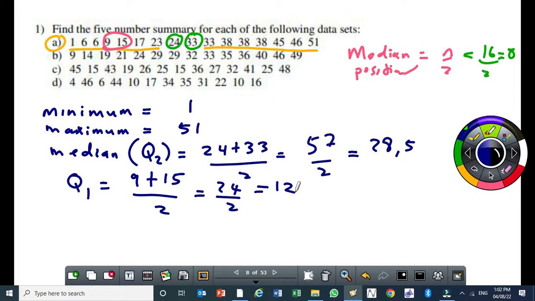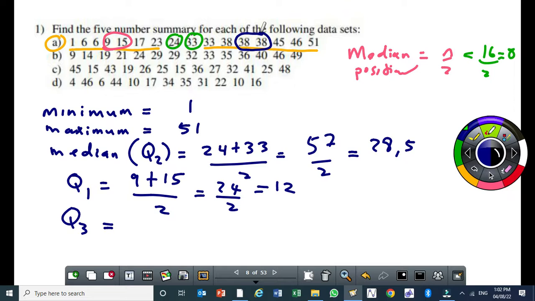But if the lower quartile is just the median of the first half, then Q3 is the median of the second half of the data set. So again, I'm counting 1, 2, 3, 4, and then this will be my 5th, so I need the average of those two.